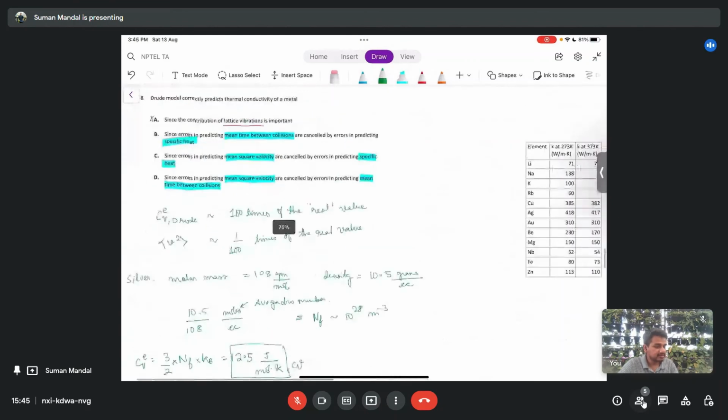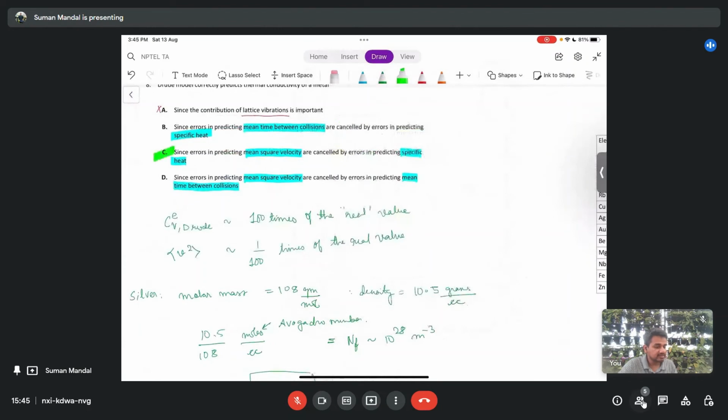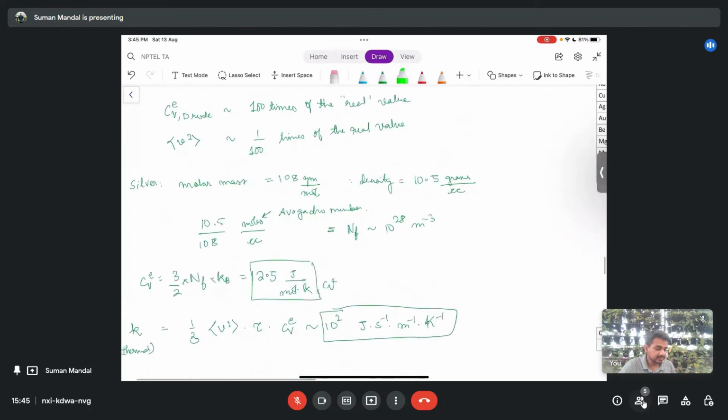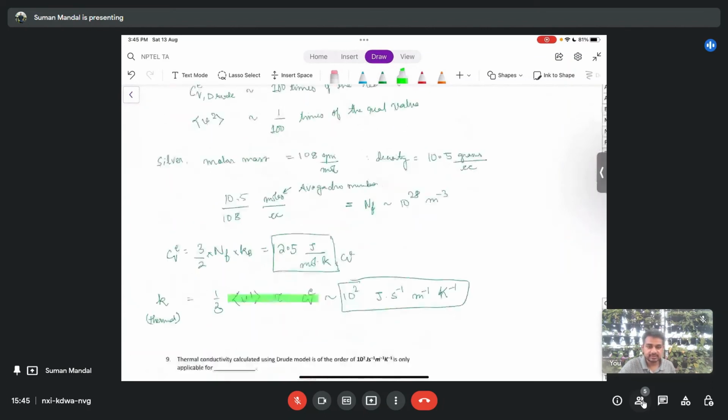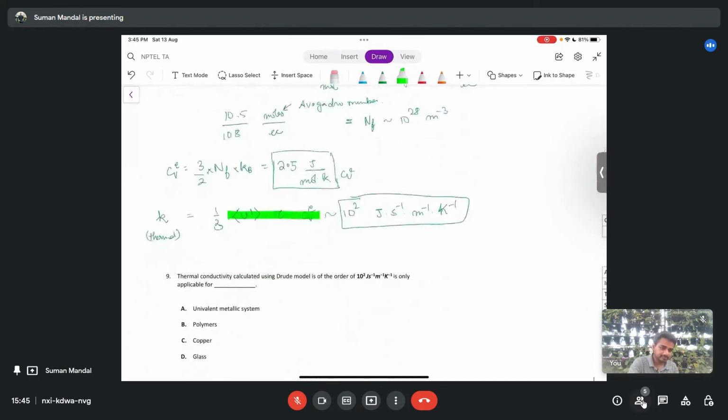So the answer is C. Even though we made errors in the mean velocity and specific heat, they cancelled each other because there is a multiplication here, and we got the correct value for our thermal conductivity.